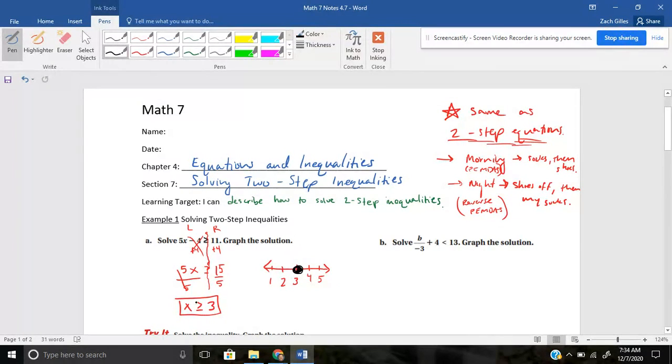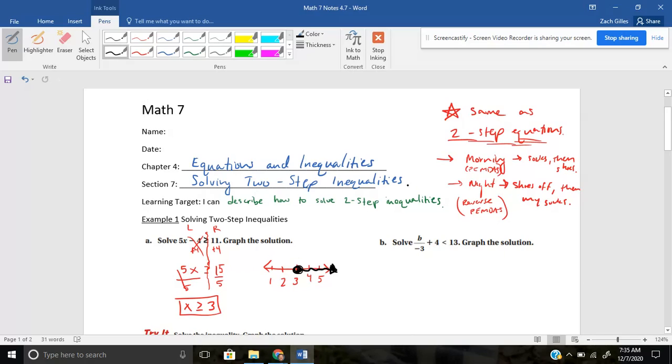And my answer is for all values that are greater than or equal to 3. So greater than, I shade to the right. I'm probably not going to graph for every single one just for time's sake of this video, but if you do have more questions on graphing, I'll be glad to help.